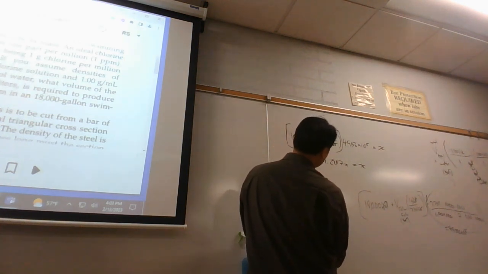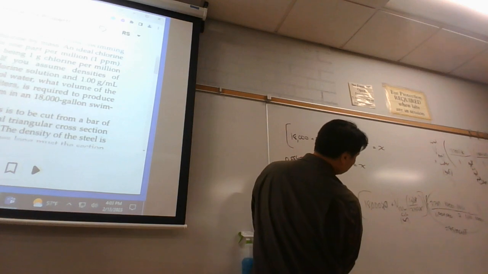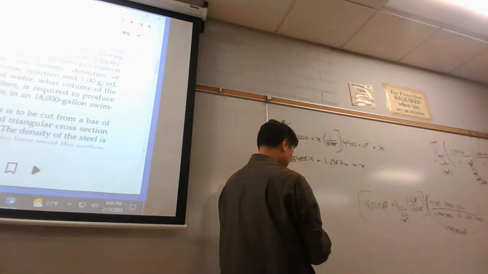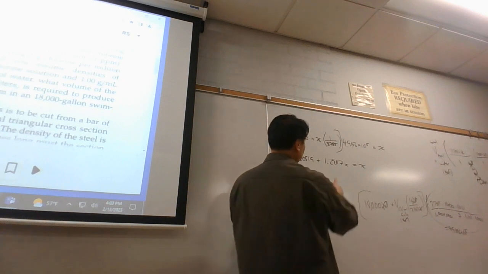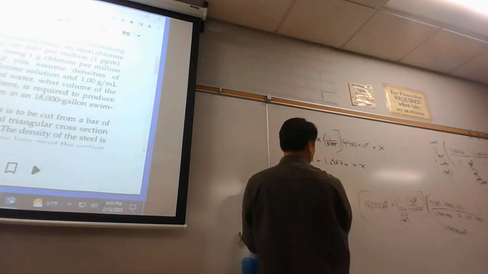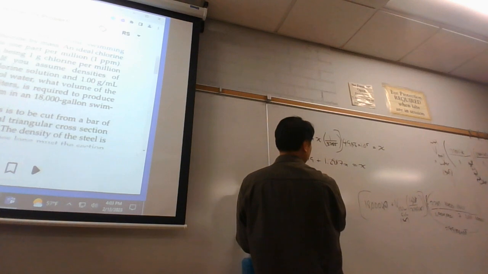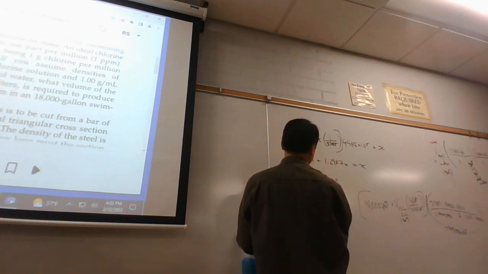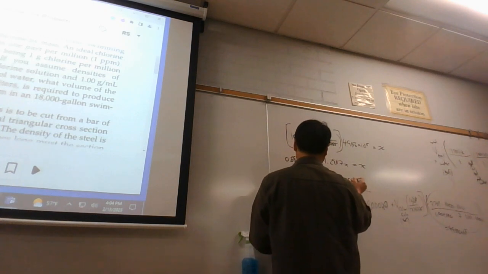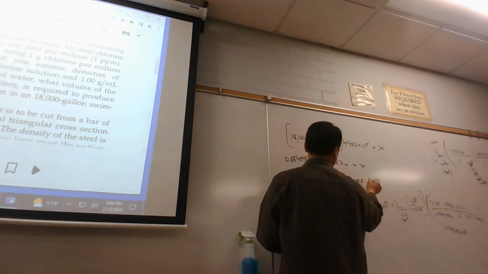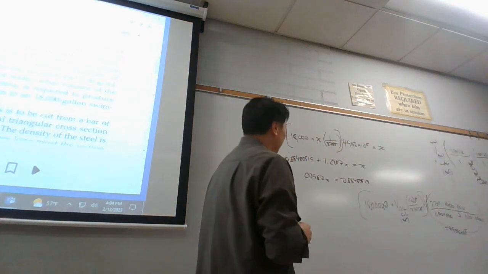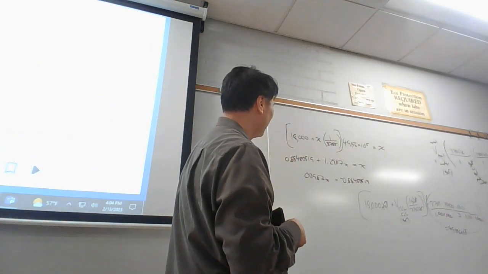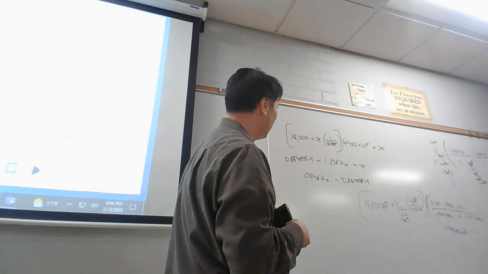Or did I make a sign error? To double check this, if I subtract this, I'm going to get 0.2987x is equal to, I have a problem here, negative 0.88480519. So I cannot get a negative number.